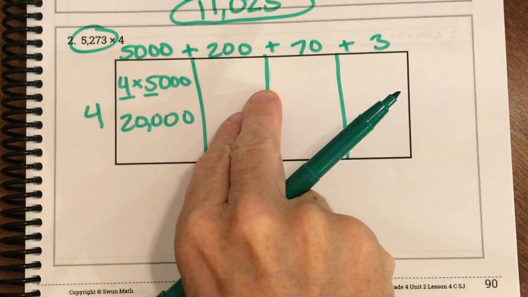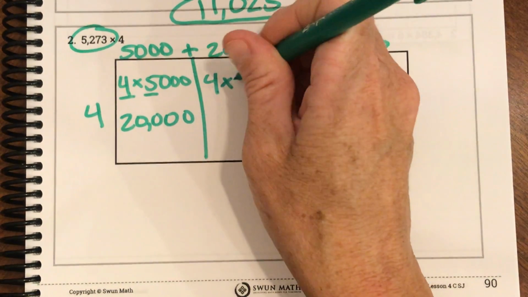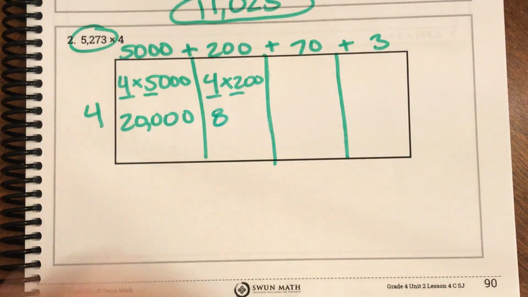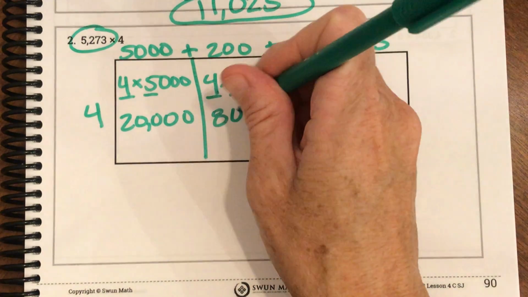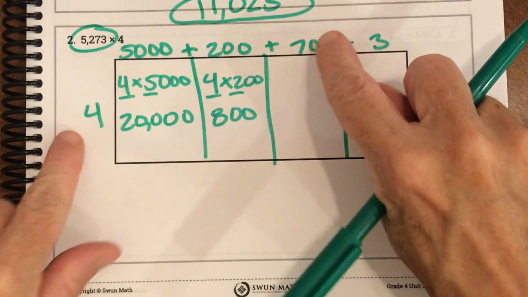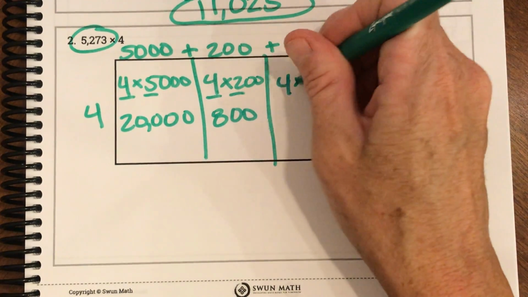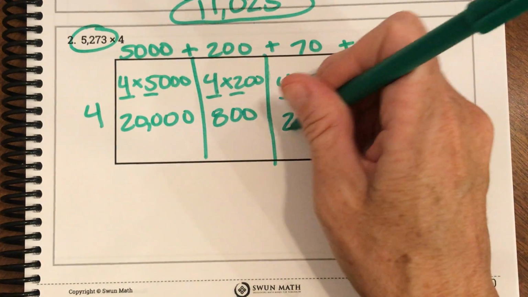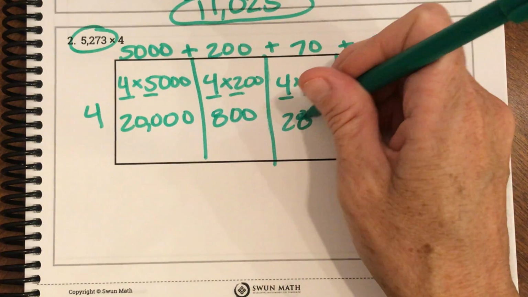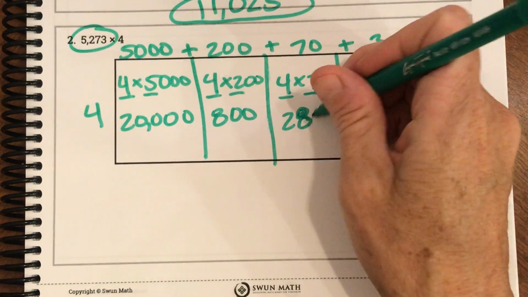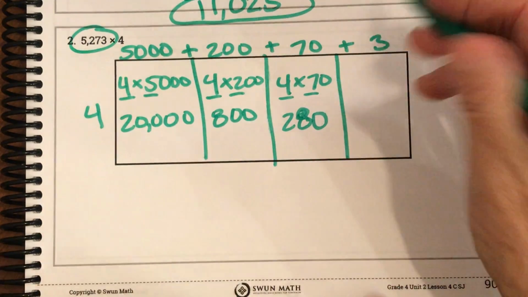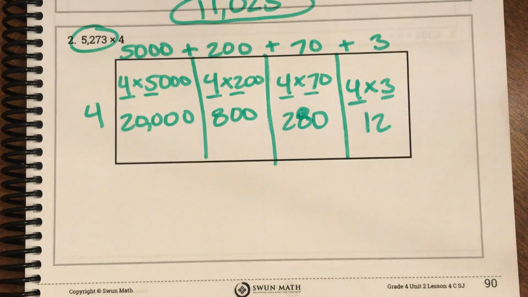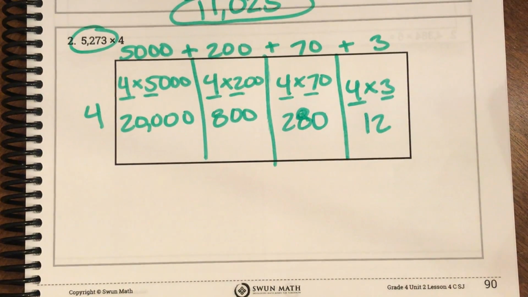Okay, what comes in this box? 4 times 200. So 4 times 2 is 8. And how many extra zeros should we add? 1, 2. Okay, what meets in this box? 4 times 70. So we have 4 times 7 is 28 with 1 extra zero. And in this box we have 4 times 3, which is 12, and no extra zeros.